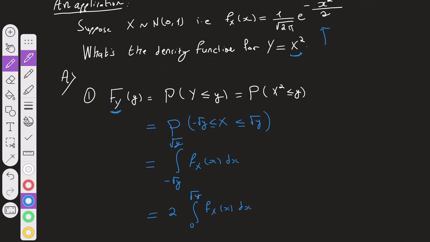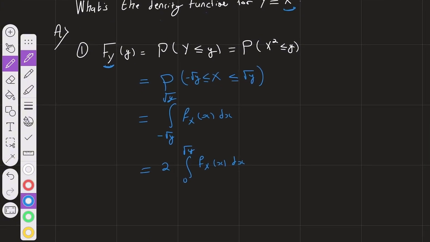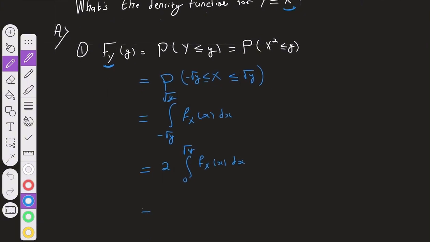Now what we can do is rewrite this as 2 times the integral from minus infinity up to square root of y of f of x dx, and then we need to take away the additional integral that we've put here. Namely, we need to take away the integral from minus infinity to 0 of f of x dx.